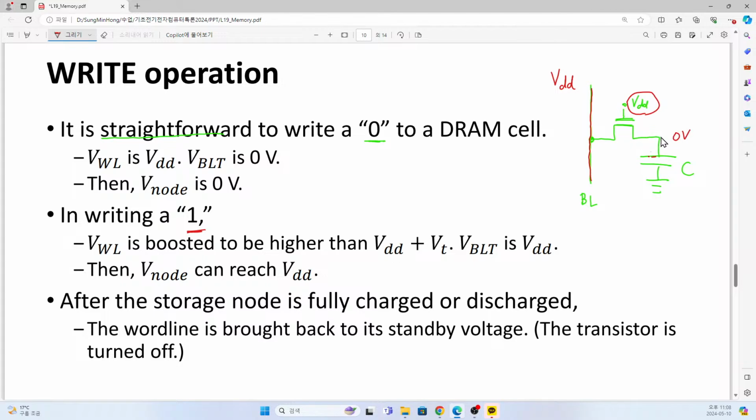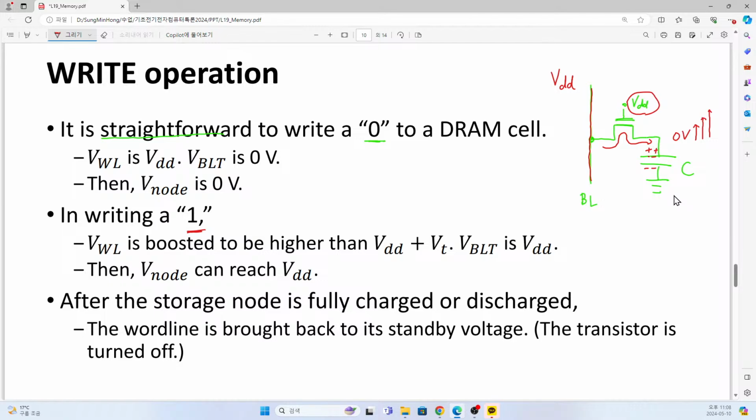Here we have a low voltage and here we have a higher voltage. So we will have a certain current conduction. Due to this current conduction, some charges will be stored in this capacitance. So we can expect that this stored charge is increasing as time goes by.